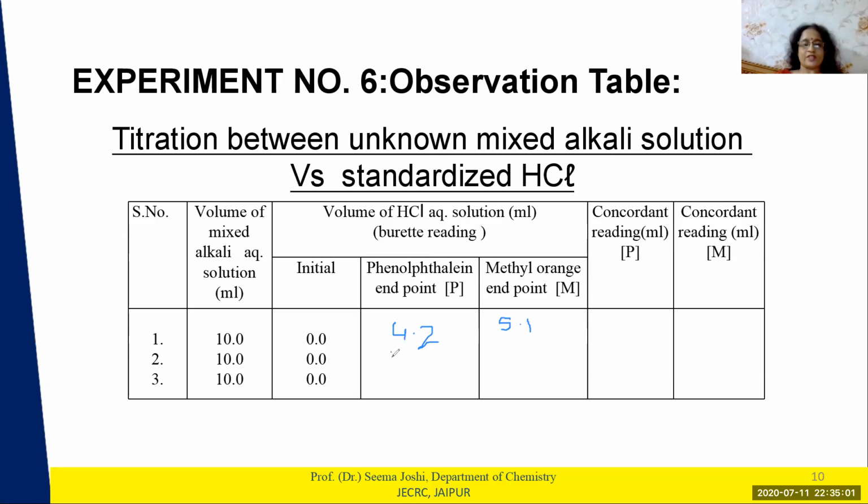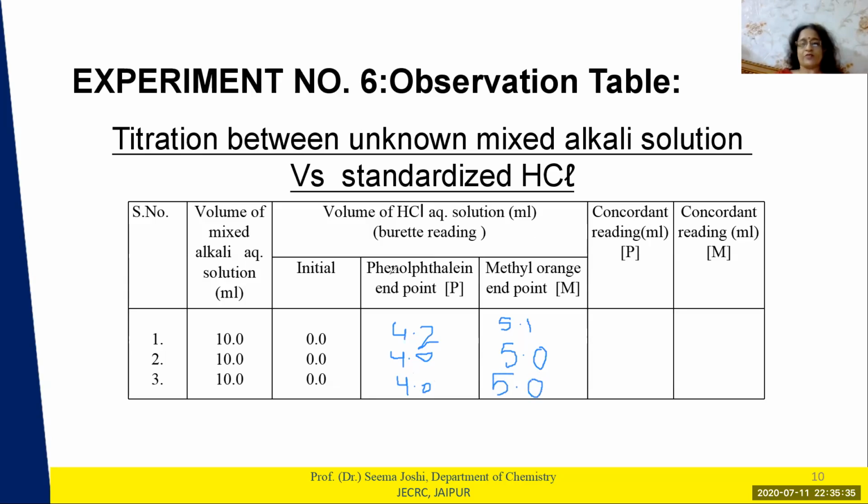The readings come out to be, at the phenolphthalein endpoint, 4.0, and the methyl orange endpoint comes out to be around 5.0. Then we will repeat the same process for the third time, taking again a fresh 10 ml of alkali mixture. Then it comes out to be phenolphthalein endpoint as 4.0, and methyl orange endpoint around 5.0.